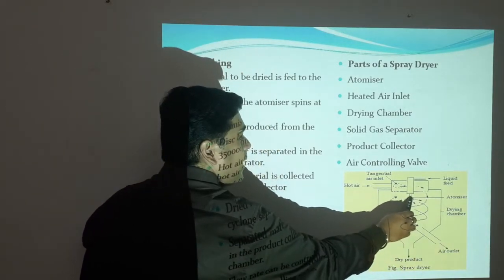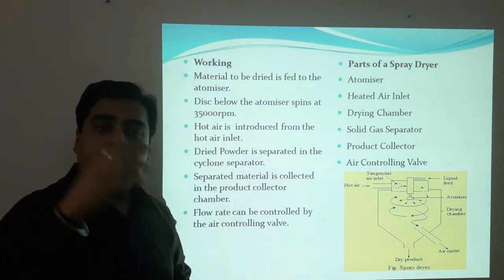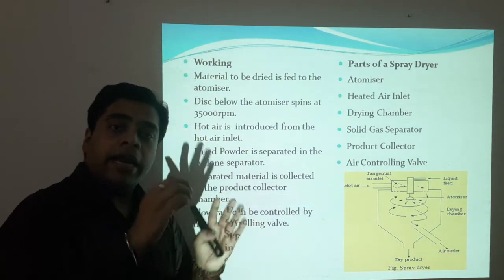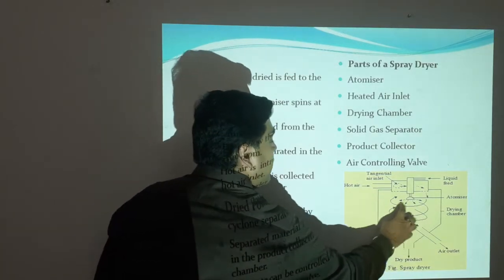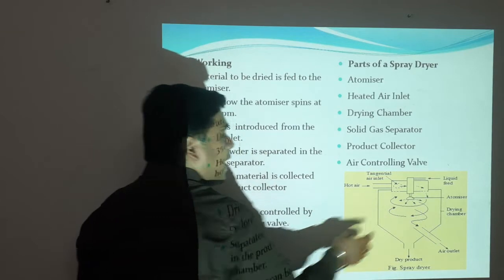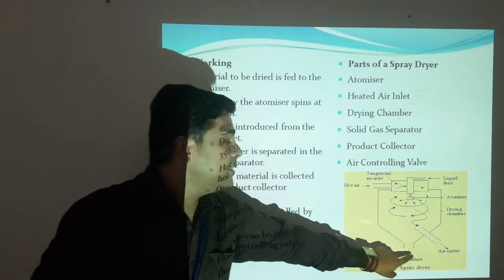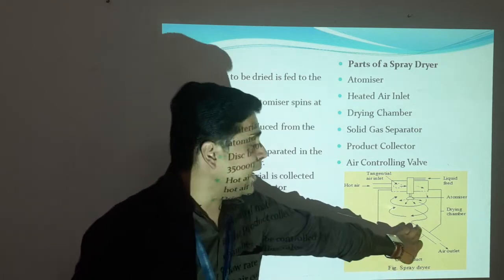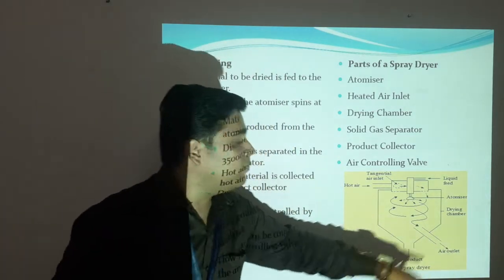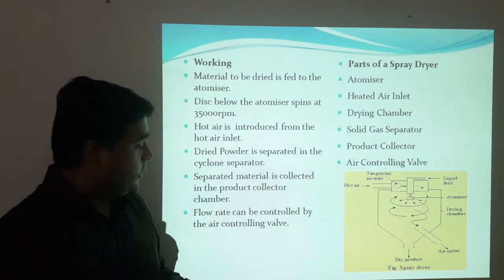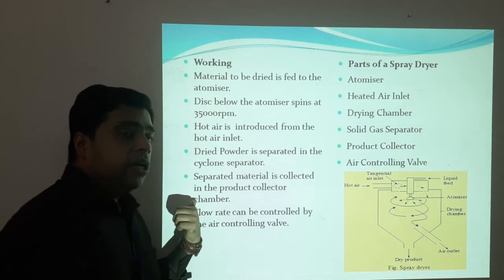When we spray the liquid through this atomizer into the drying chamber as droplets, they are dried at once, and the particles rotate in the gulf of the dry air. With the help of the cyclone separator we separate the particles as the dry product, and the hot air is removed through the air outlet. The separated material is collected as a product in the collecting chamber.